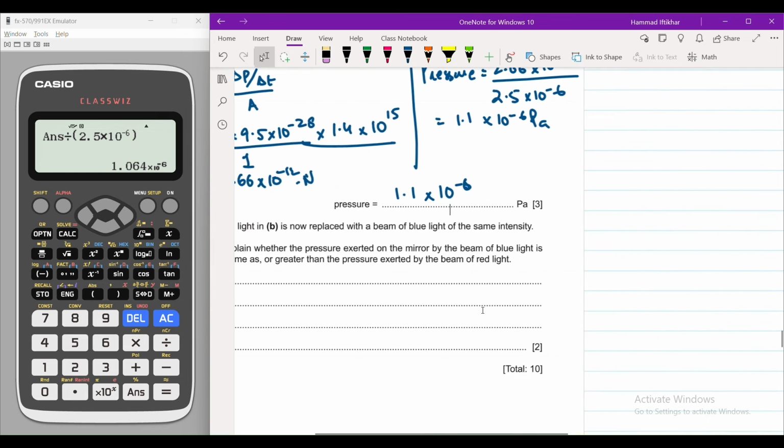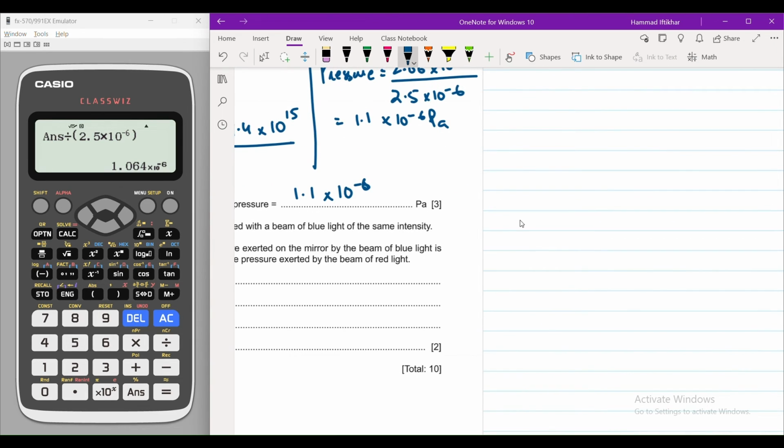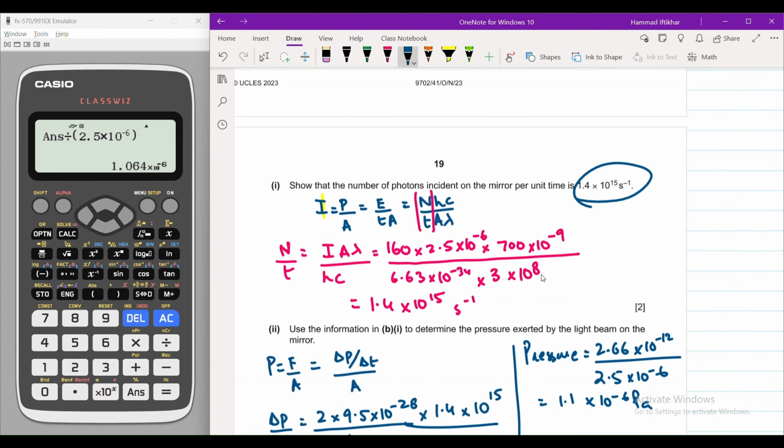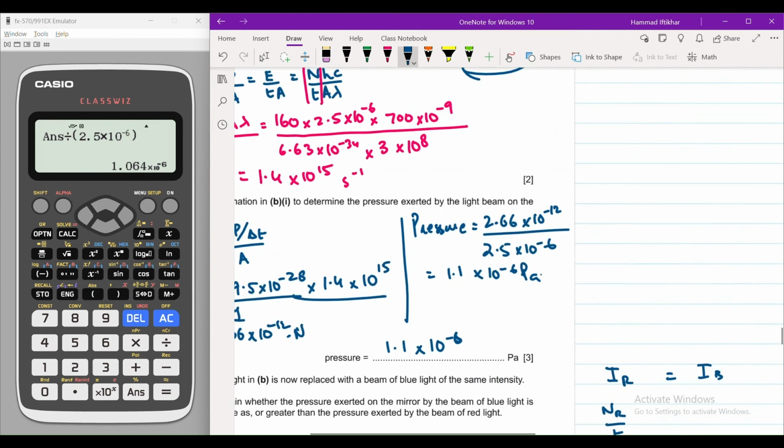Okay, so if the intensity is the same, IR is equal to IB, but we have N over T, where we had the expression for the intensity, hc over A lambda.